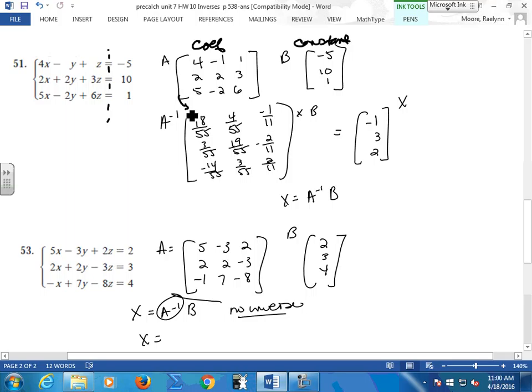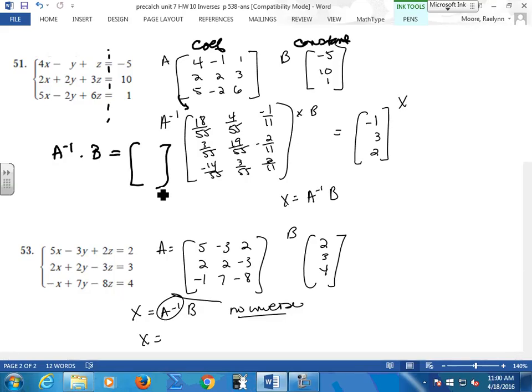In your calculator, you can say A to the negative 1 times B, and it will give you the values of your x's. You don't have to show me. I printed it out so you could see it. We're going to take the inverse of this times its constant to equal this. Now, technically, A times your x will equal your B.